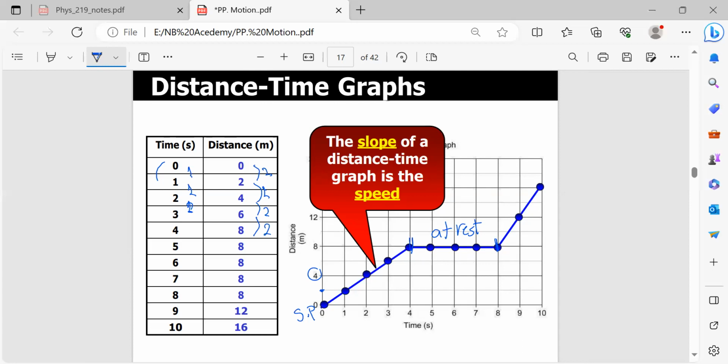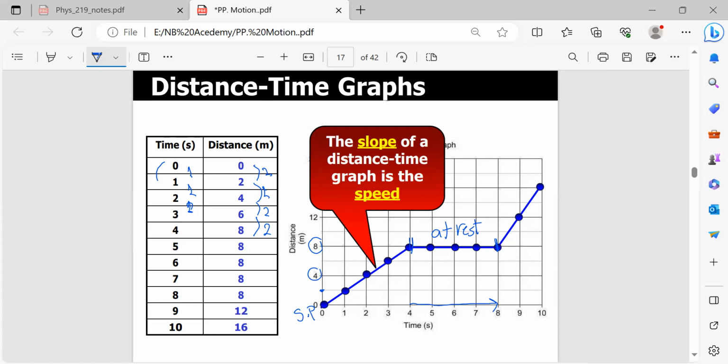Here the body is still at 8 meters from the starting point, but we can observe that time is still passing because time never stops. So in this part, we can say that the body is at rest because it is not changing its position as time passes.